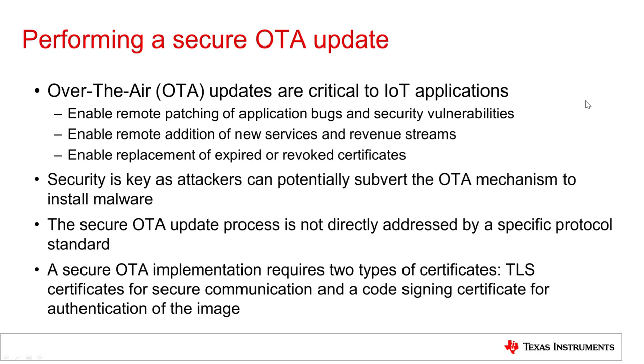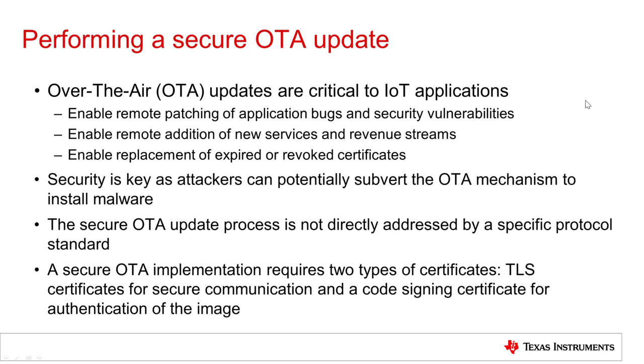However, security is very important because since the OTA mechanism is actually downloading a new image, if an attacker can subvert that mechanism, they can therefore take control of the device by installing malware. So, cryptography obviously has a key role to play in OTA. Now, unlike secure connectivity, where there's standards like TLS that prescribe how to perform a secure connection, there is no specific protocol that governs an OTA process.